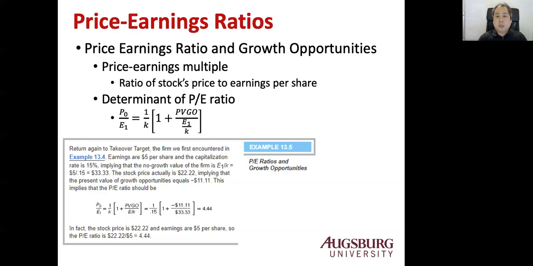The PE ratio is simply the price to earnings. So PE ratio equals price per share, PPS, divided by earnings per share. Earnings per share, not R. That's EPS.